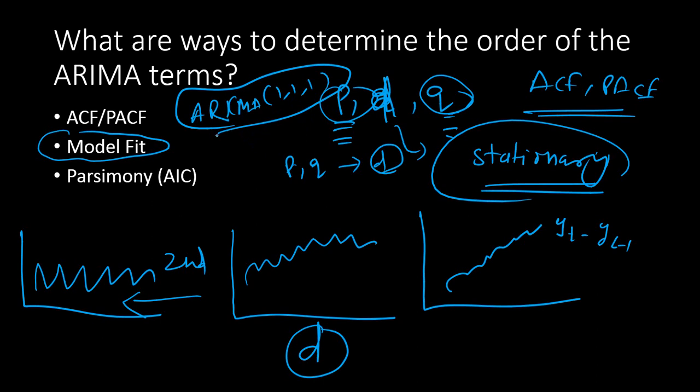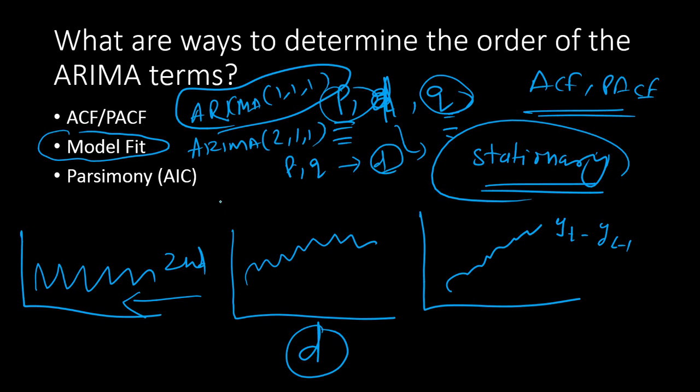That means you can go ahead and finalize ARIMA 111 as your final model. But that's not the correct way of doing it, because you can actually check how ARIMA 212 behaves.